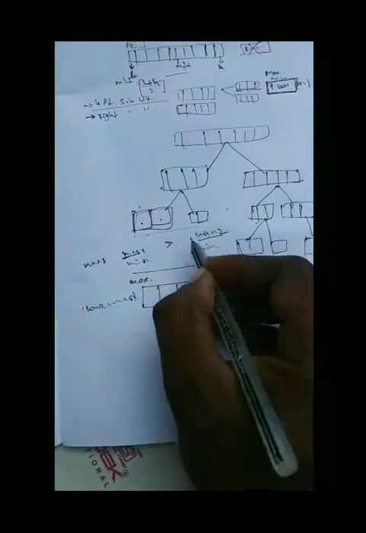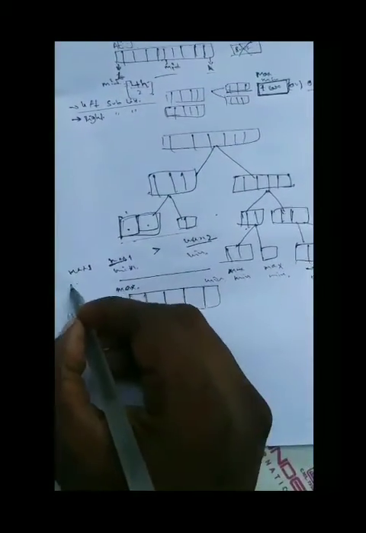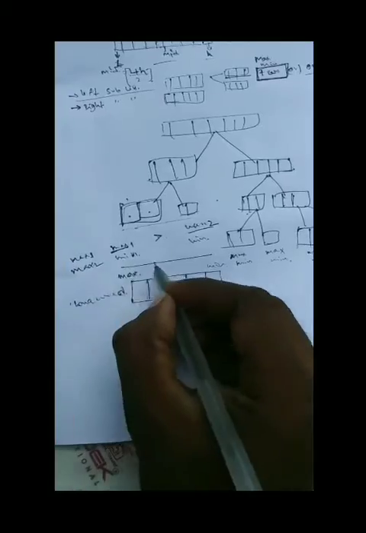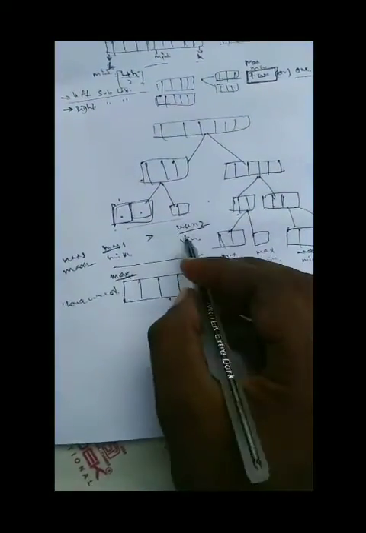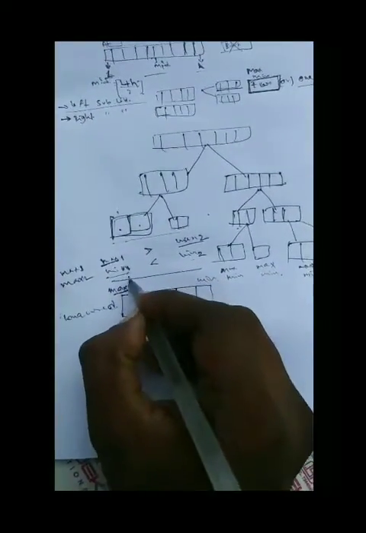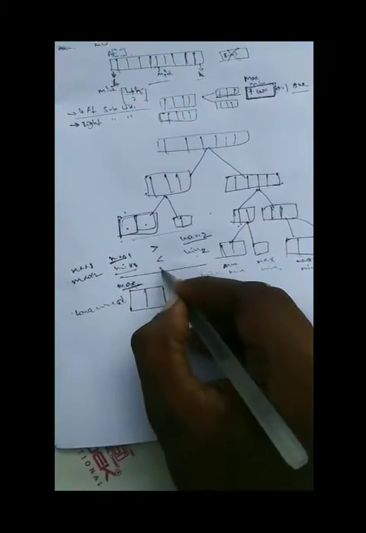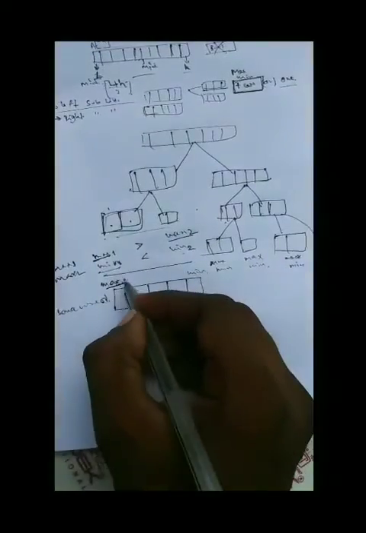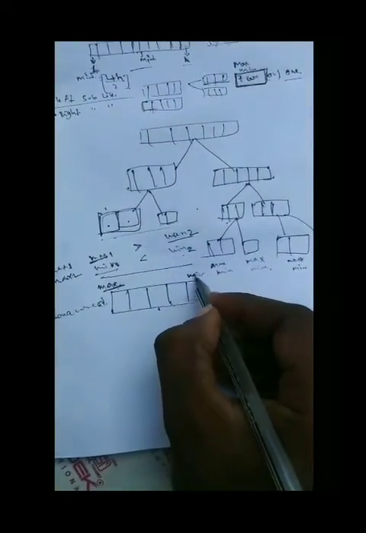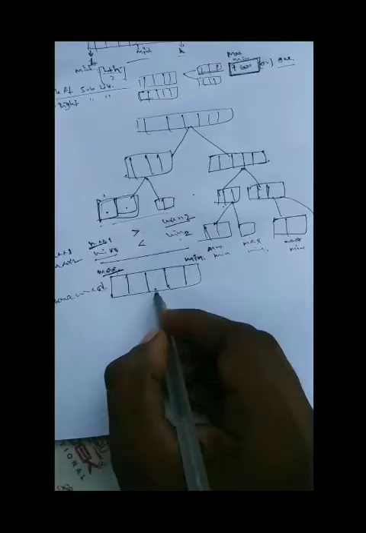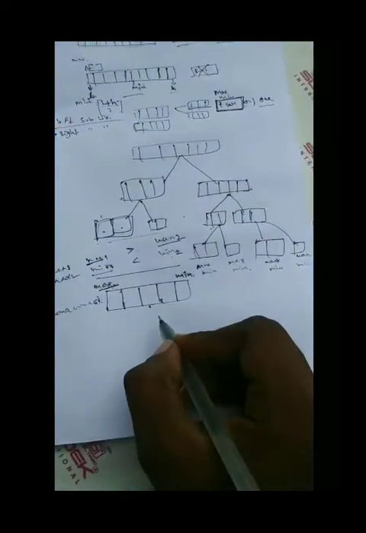If max 2 is greater than max 1, then max 2 is returned as the maximum element. Likewise, if minimum 1 is less than minimum 2, then minimum 1 is returned. So this is the combining process for the list we have divided.